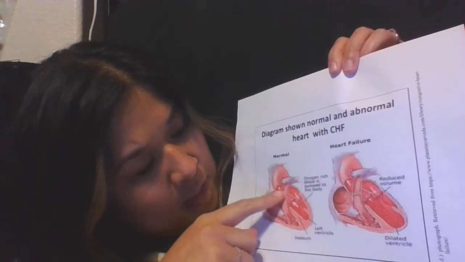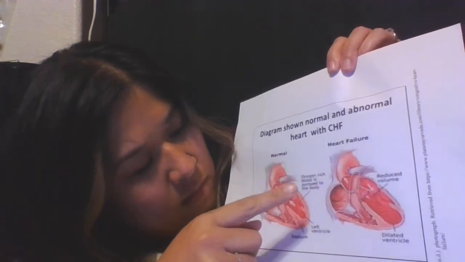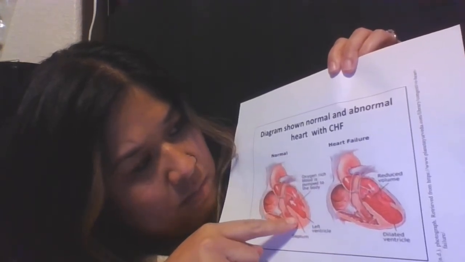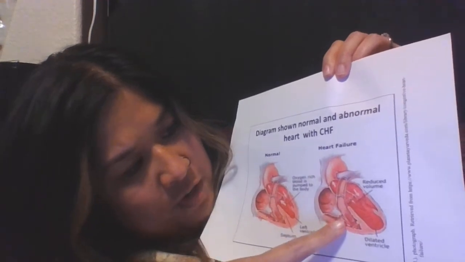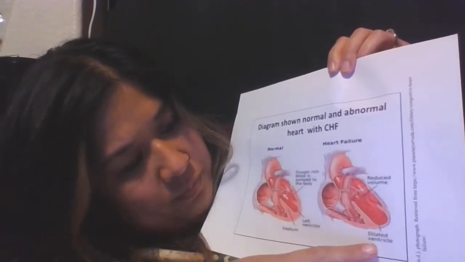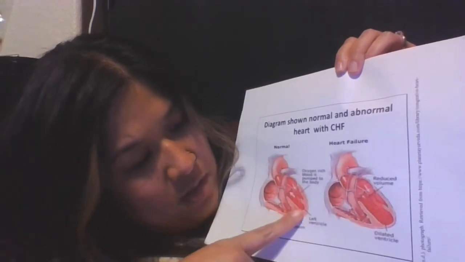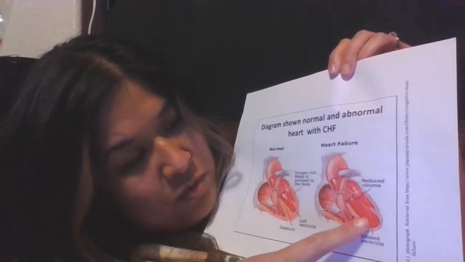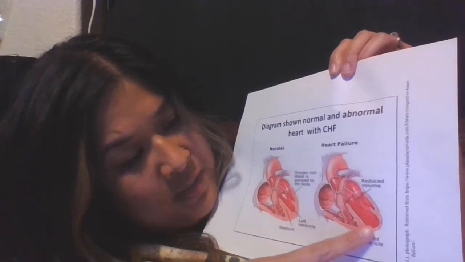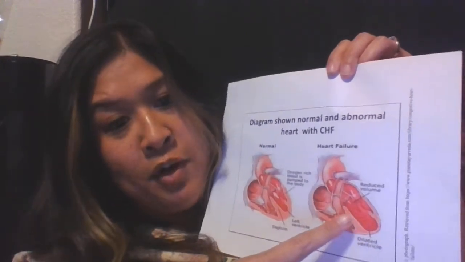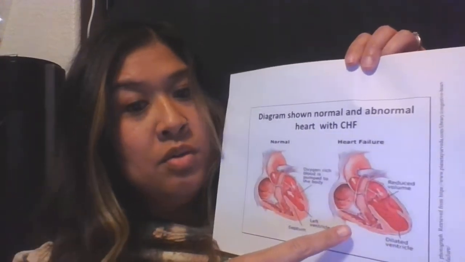You can see here, here's the septum. Heart failure. You can see that the ventricle here is more dilated versus here, and having a dilated ventricle reduces the volume that's being put out.